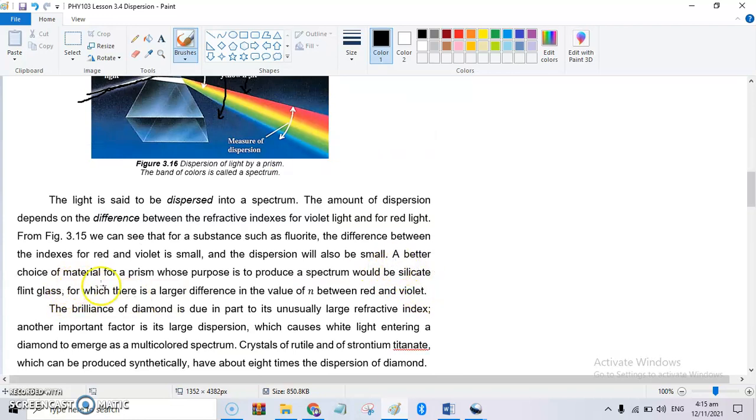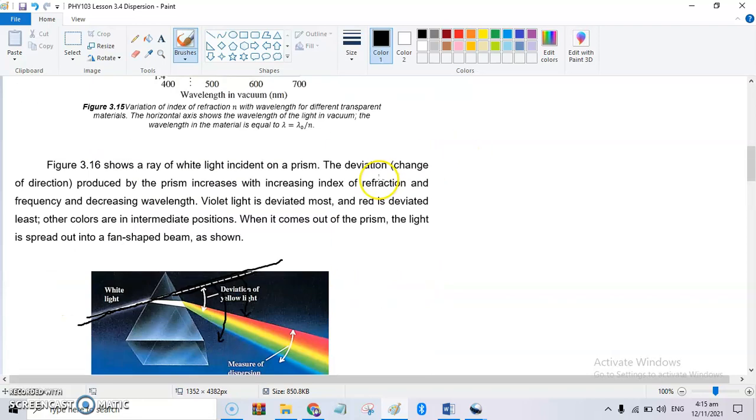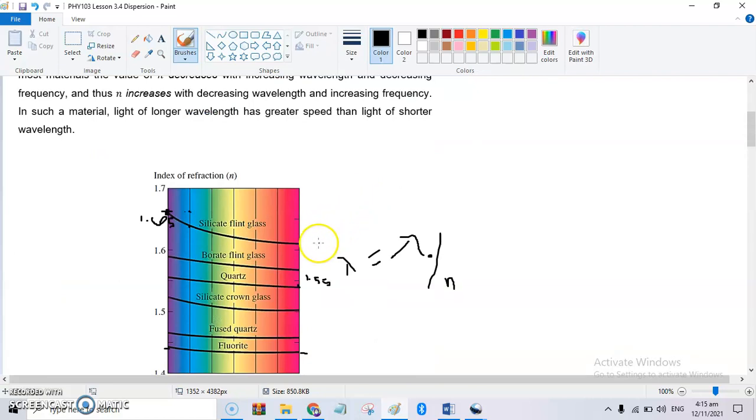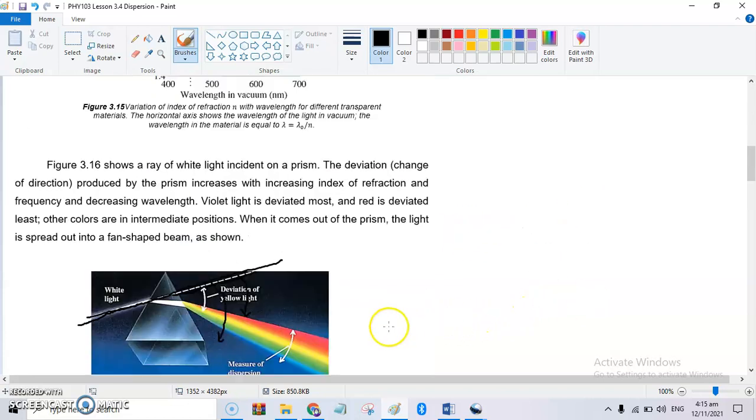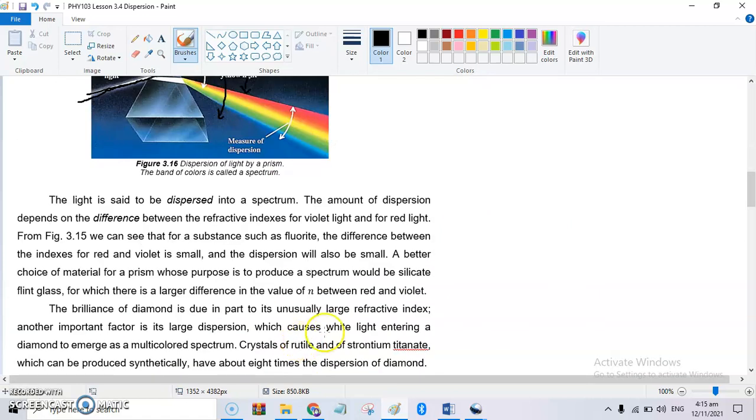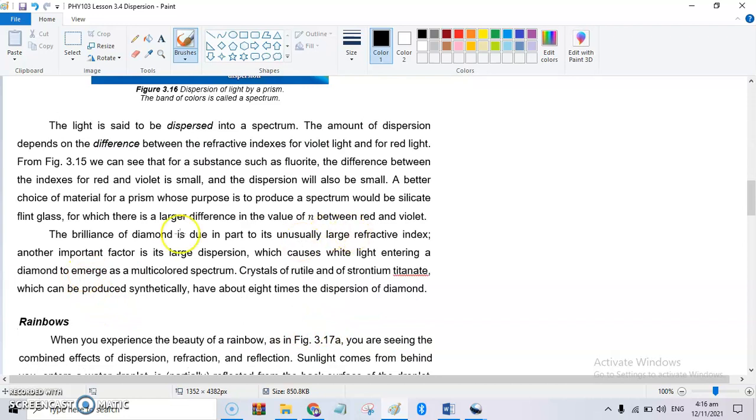A better choice of material for a prism whose purpose is to produce a spectrum would be silicate flint glass. Why? Because the difference is large, so they can make a much broader fan of light, for which there is a large difference in the value of n between the red and violet.